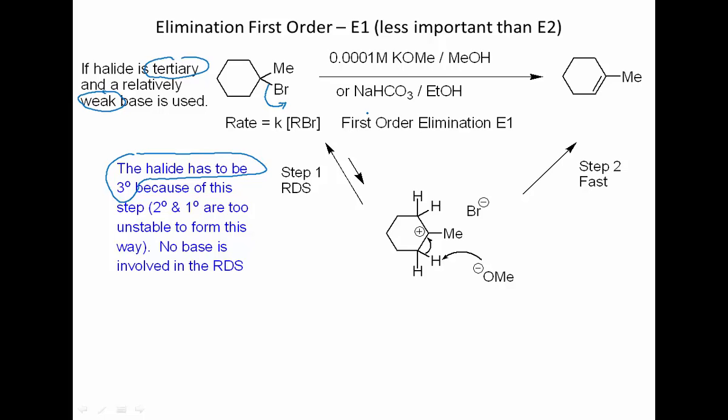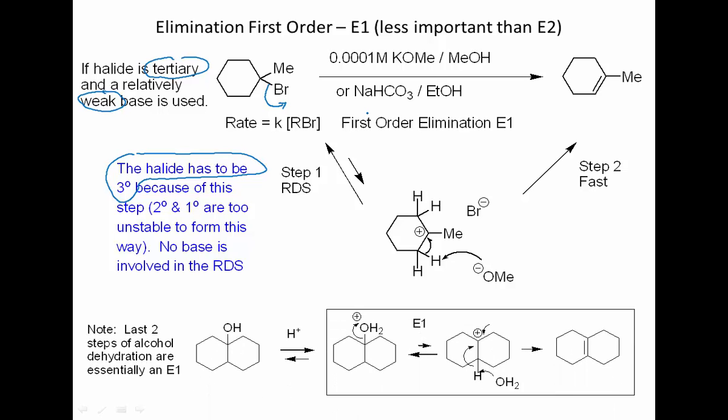Okay, let's look at how this relates to alcohol dehydration, and here are the 3 steps of the alcohol dehydration. Notice that the last 2 steps of alcohol dehydration are the same as an E1 reaction.